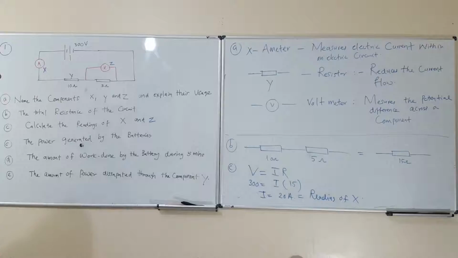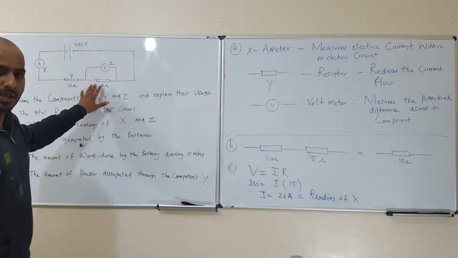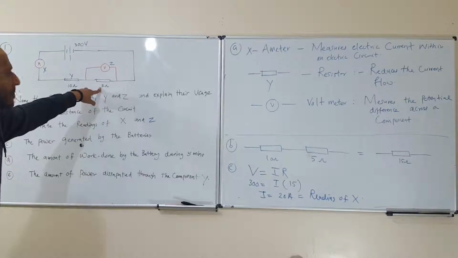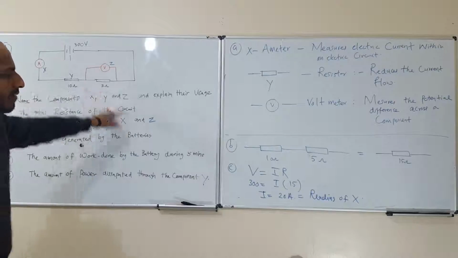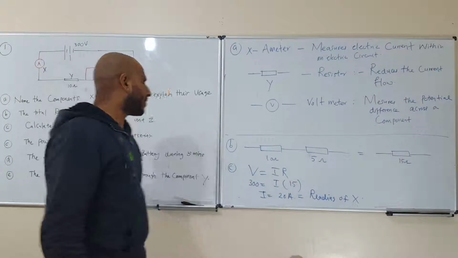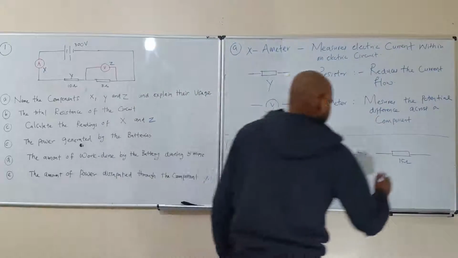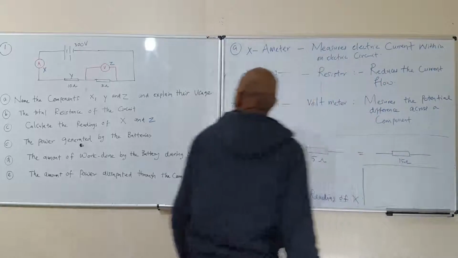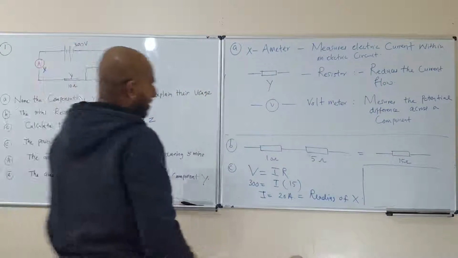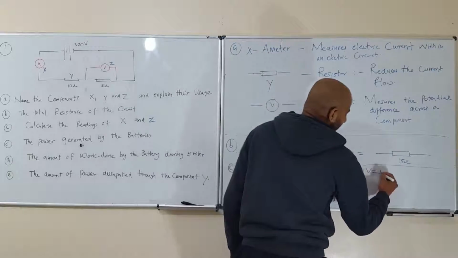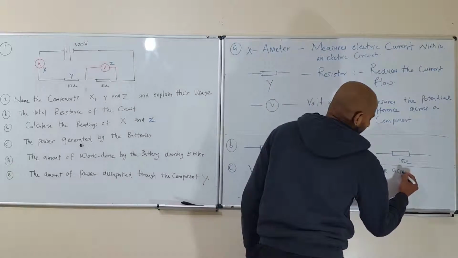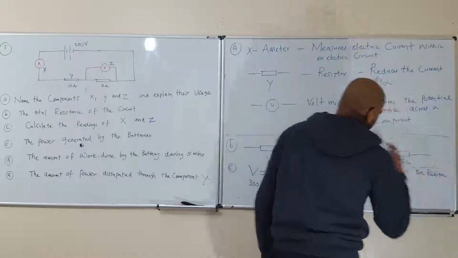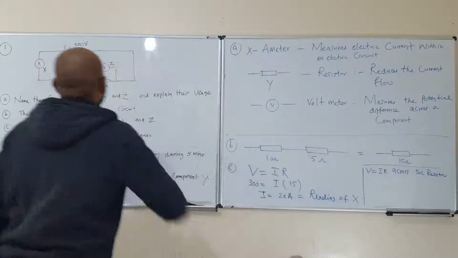When we do that, we are looking at V, so we require I and R. R we know is 5 ohms, and I we found before as 20 amps. So we can easily find that. We apply V equals IR across the 5 ohms resistor.